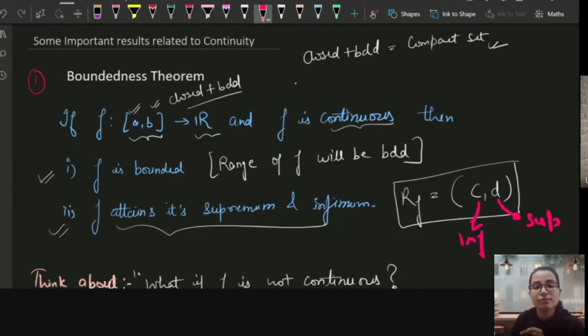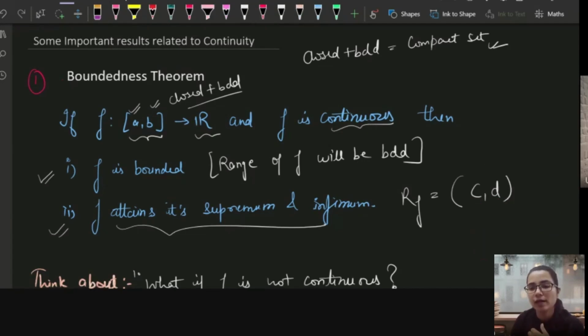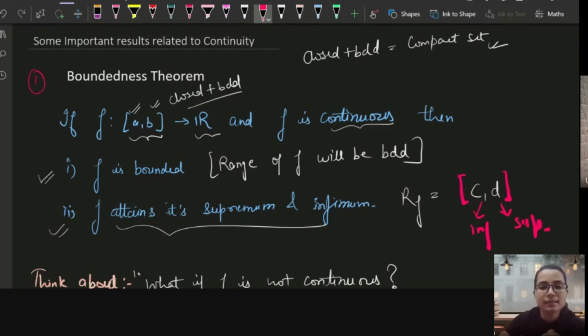So F will not have a range set like this. What kind of range set can F have? If you want to have a range set, you will have to have something like this, a closed and bounded range set, wherein you can say that this is the infimum and this is the supremum.